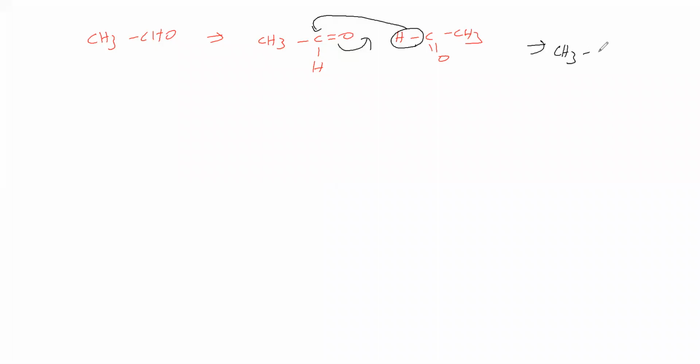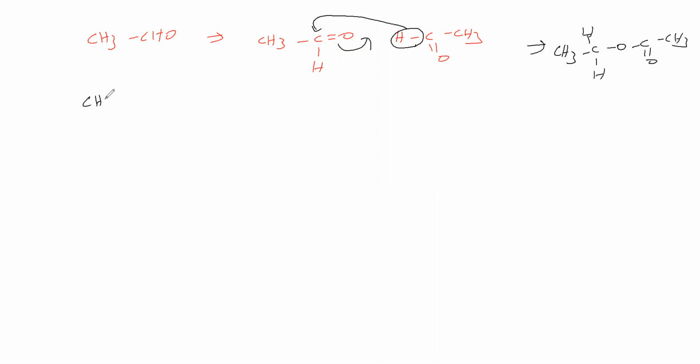Therefore, CH3 CH2 this O, CO, CH3. This is the ester product we got. Okay, the ester is the product.